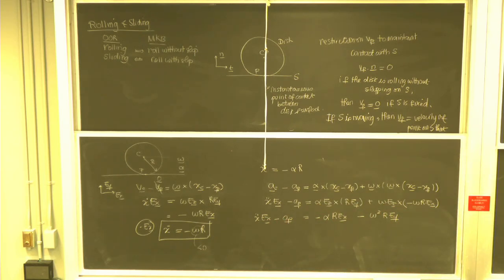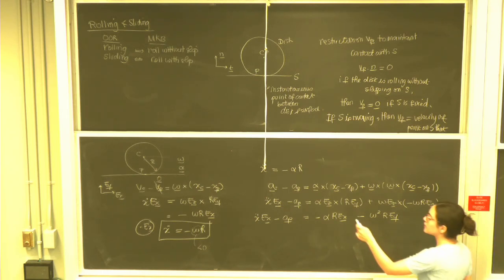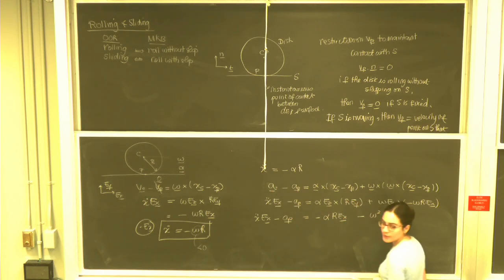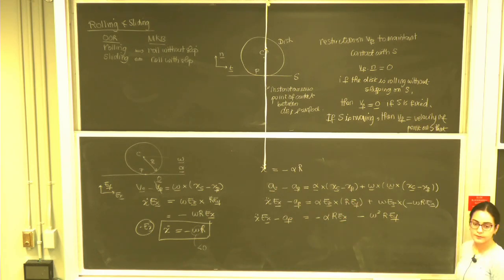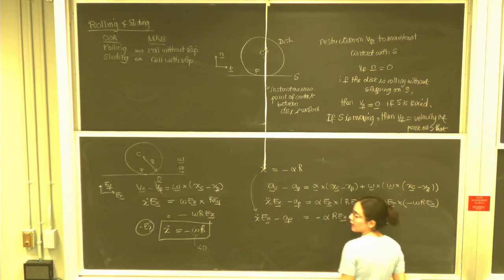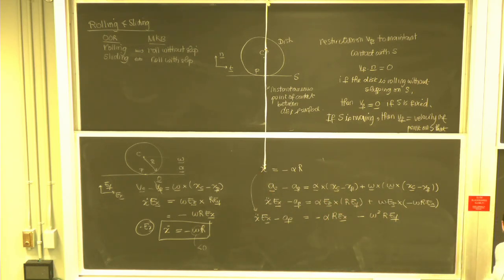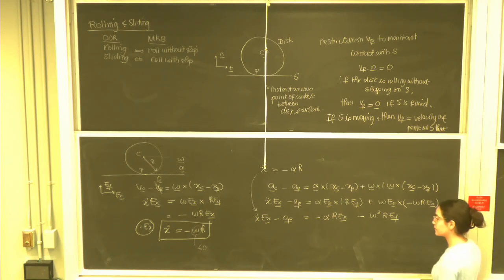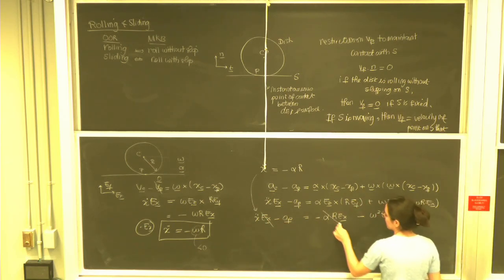With me so far? And then if I use the fact that x double dot is equal to minus alpha R, what will happen? Also, Ap will equal omega squared R. Right.